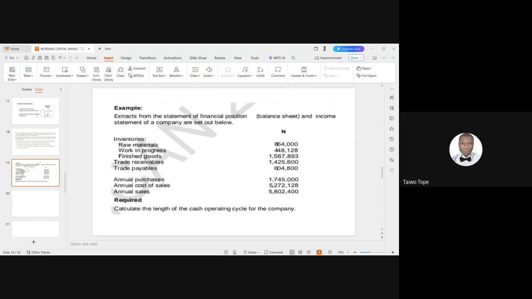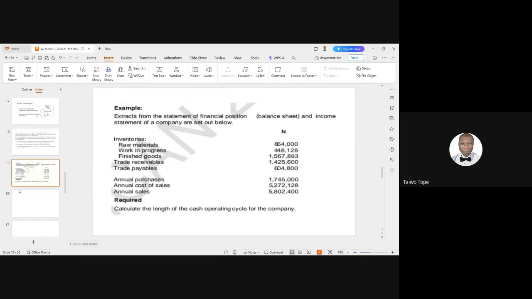1,745,000. That is purchases. Now, these purchases can have a link in 2 ways. You are obtaining your raw material from your creditors. When you are calculating your amount to pay to your creditors, you also use that value likewise. But let's look at the issue of raw material first, just as we've been guided.